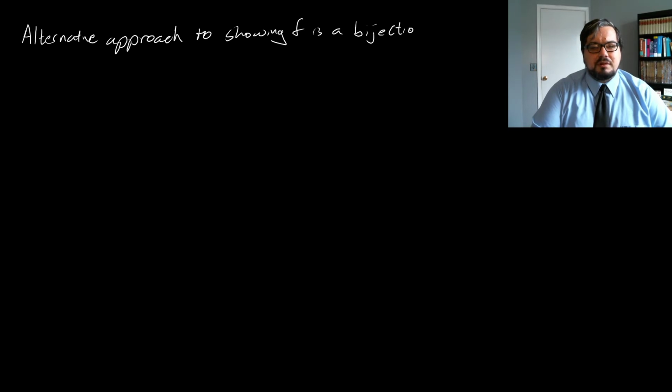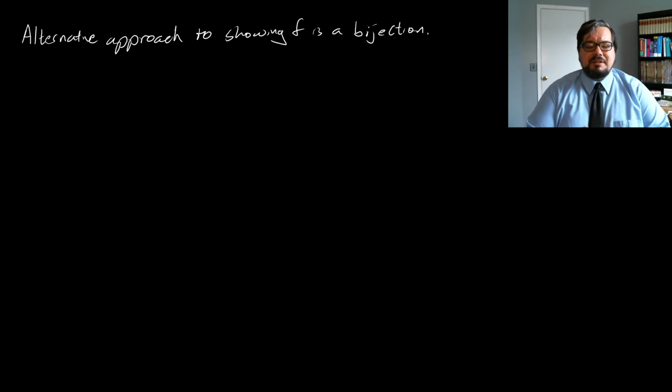So let's look at an alternative approach to showing f is a bijection. And there are at least a couple of different ways of doing this. One of them would be the following.